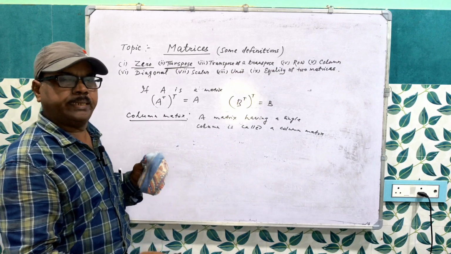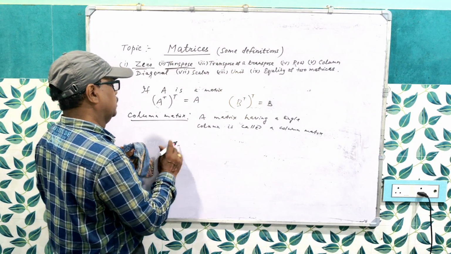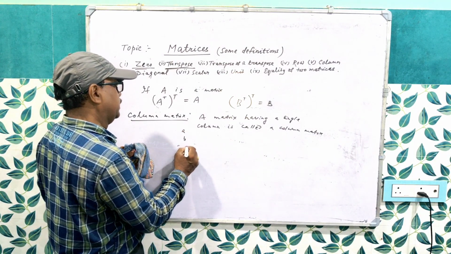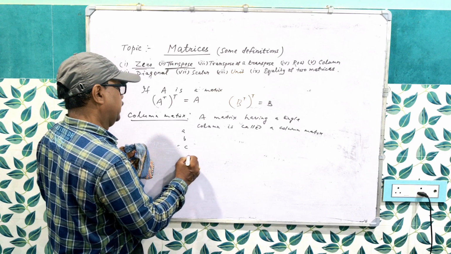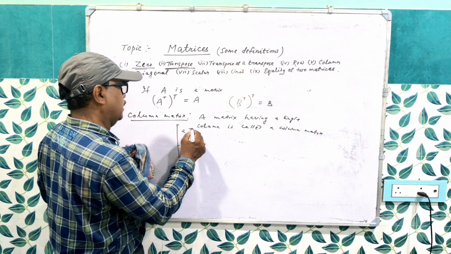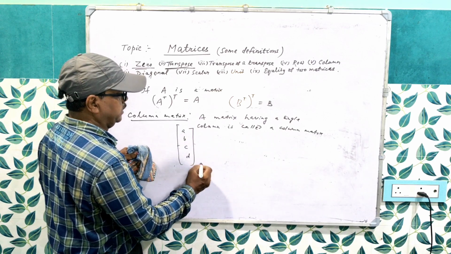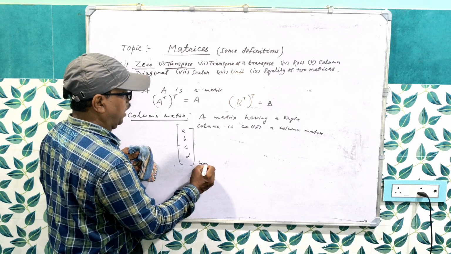Now we can write a column matrix. Suppose A, B, C, D. Its order is 4 into 1.